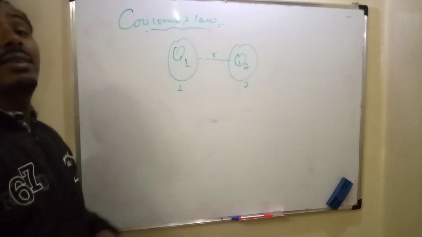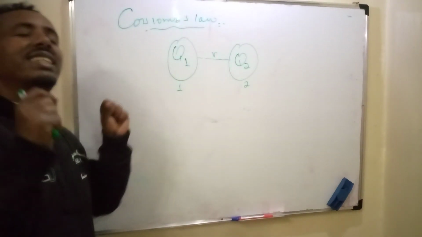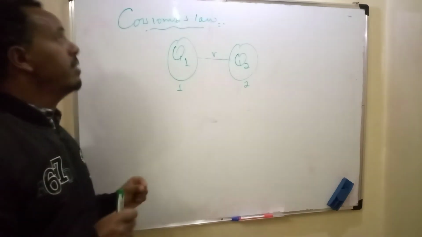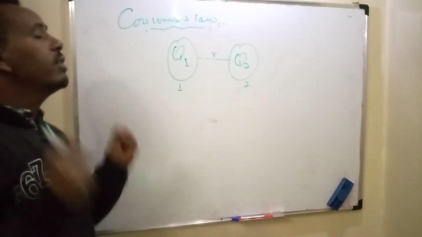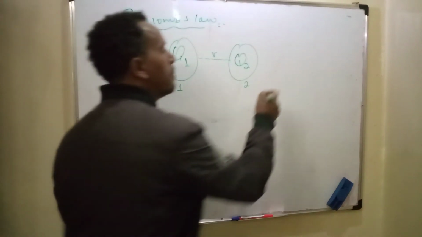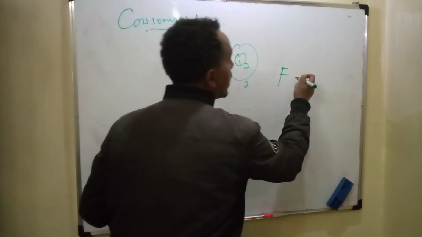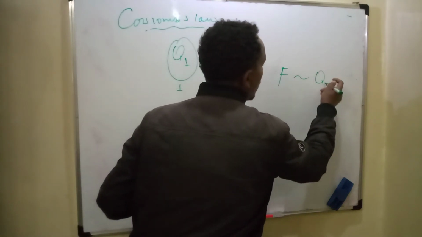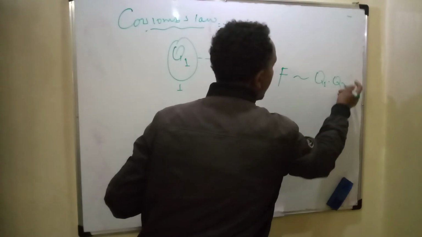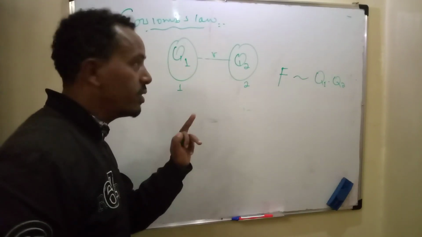This force is directly proportional to the product of the charges and inversely proportional to the square of the distance between the two charges. Mathematically, the force is directly proportional to charge 1 times charge 2, the product of the charges.